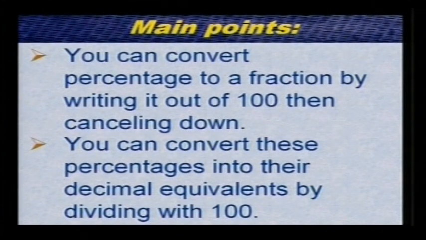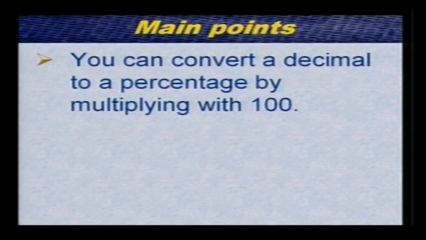When we divide with 100, we are moving how many places to the left? 2 places, because there are 2 zeros in 100. Place value comes in here. Point number 3, you can convert a decimal to a percentage by multiplying with 100, because we are changing it from one form to another, which is to a percentage.